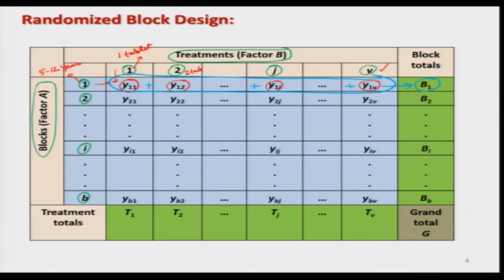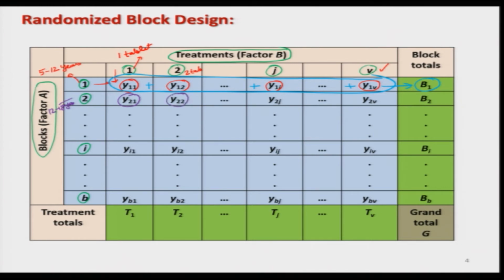Now, similarly, we create block number 2. Say block number 2 can be young children between 12 and 18 years of age. We pick up one young child, give treatment number 1, that is 1 tablet, and record the value as y21.